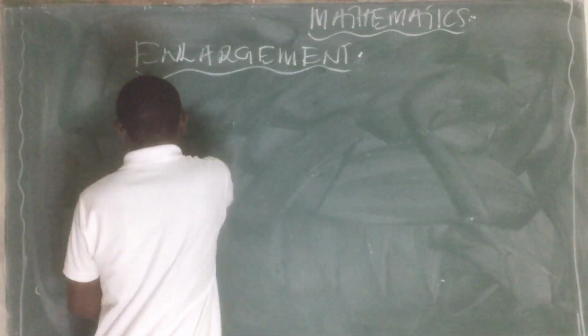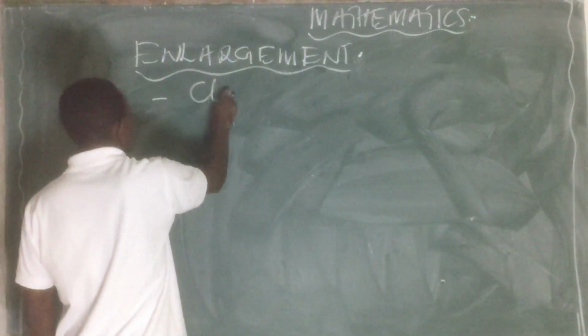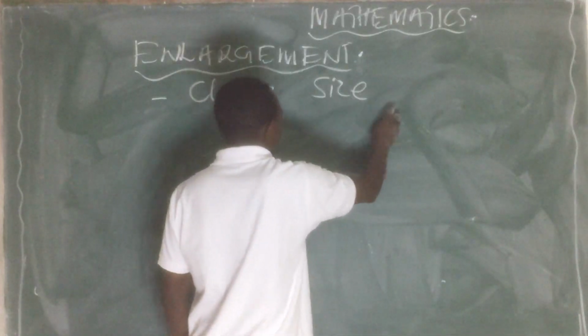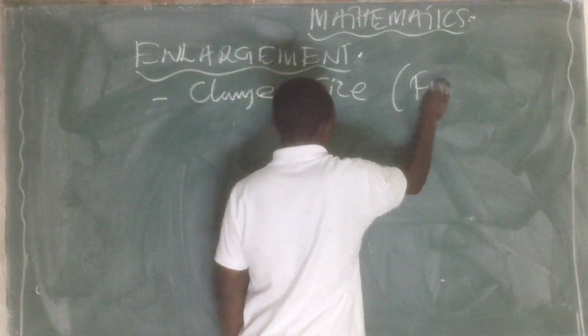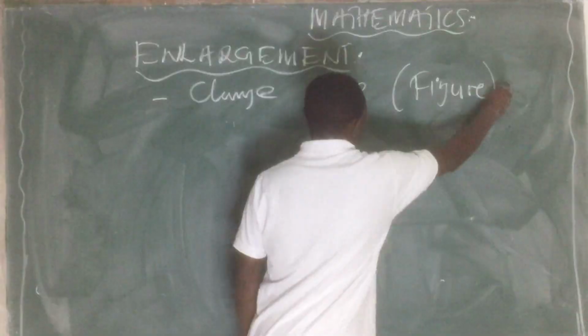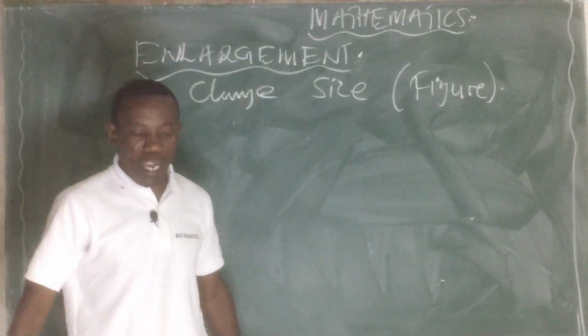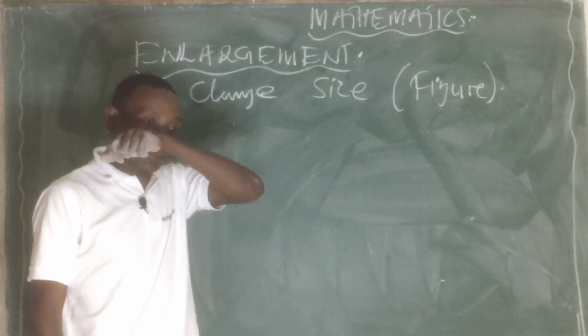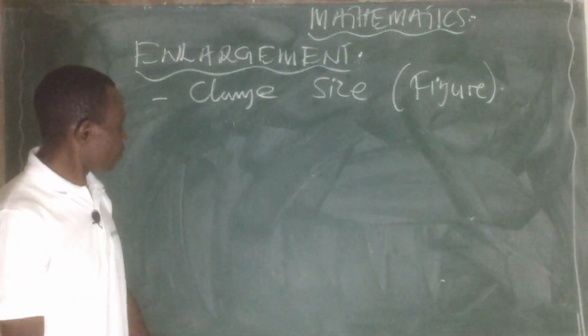So simply here, to enlarge means to change the size, or simply change a figure. How can a figure change? In terms of size, that is what matters most in mathematics.